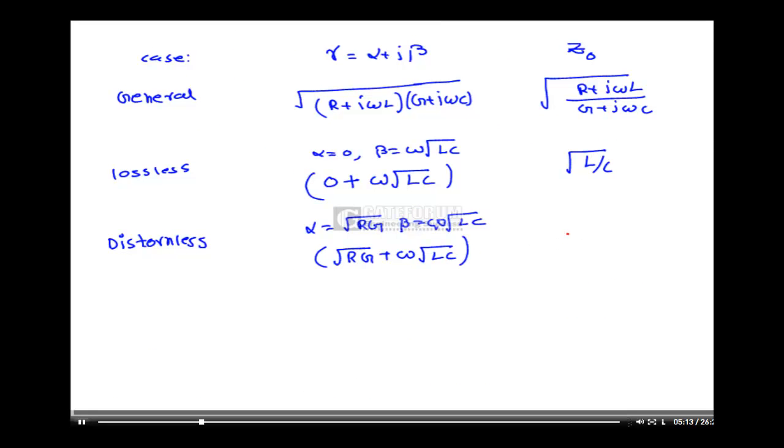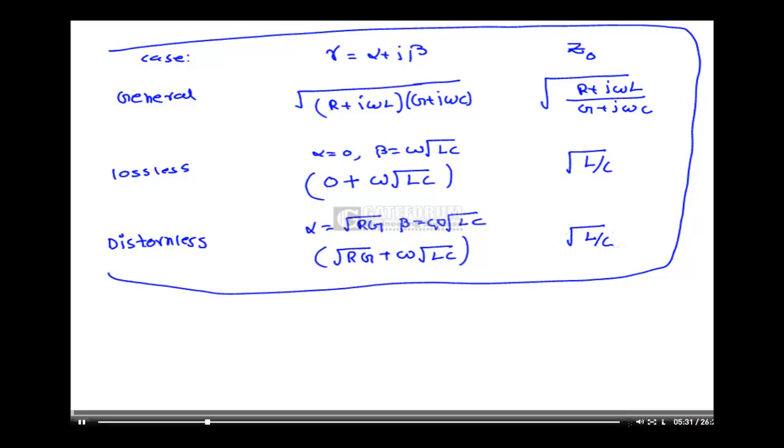Here, the characteristic impedance is also the square root of L by C, or you can replace it with the square root of R by G, because for a distortionless line the condition is LG equal to RC. So that thing you have to keep in mind. This is the summary of the discussion. These relations you have to keep in mind. Generally we will get problems based on these relations.